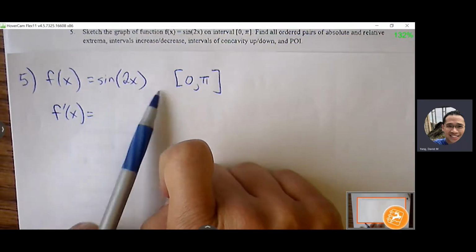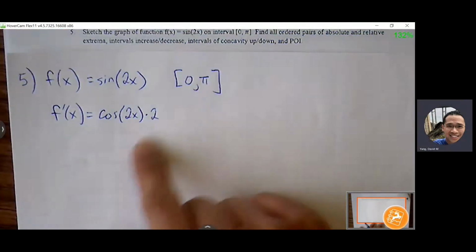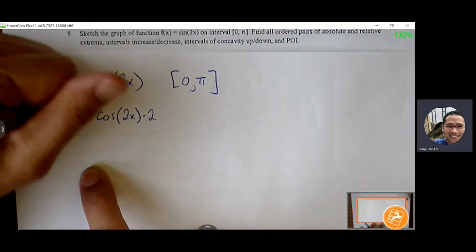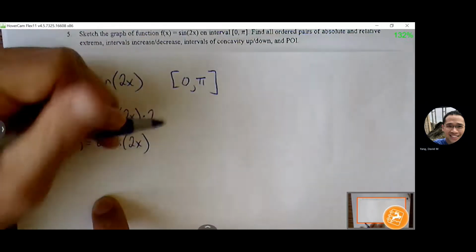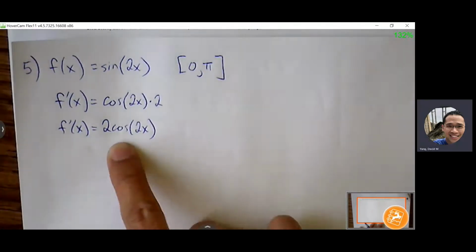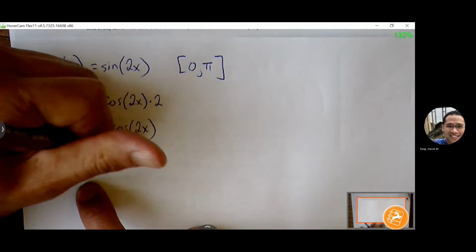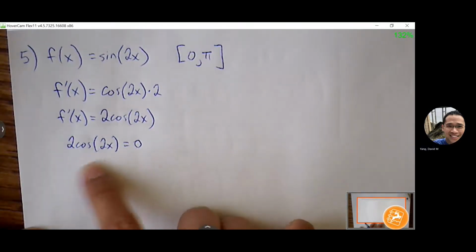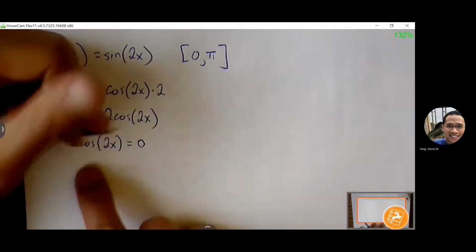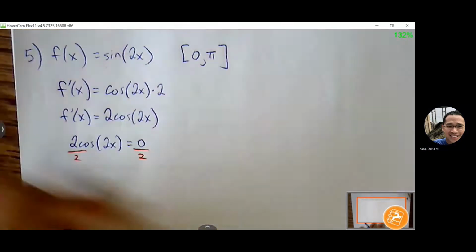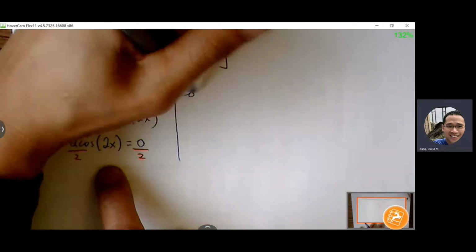So cosine 2x times 2. We'll set our derivative equal to 0 to find our critical points. Okay, I can divide by 2. Two goes away, I'm just left with cosine 2x.